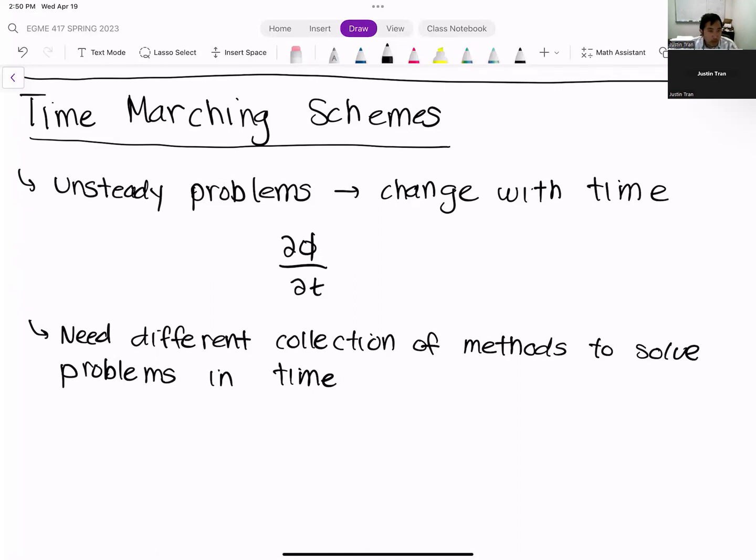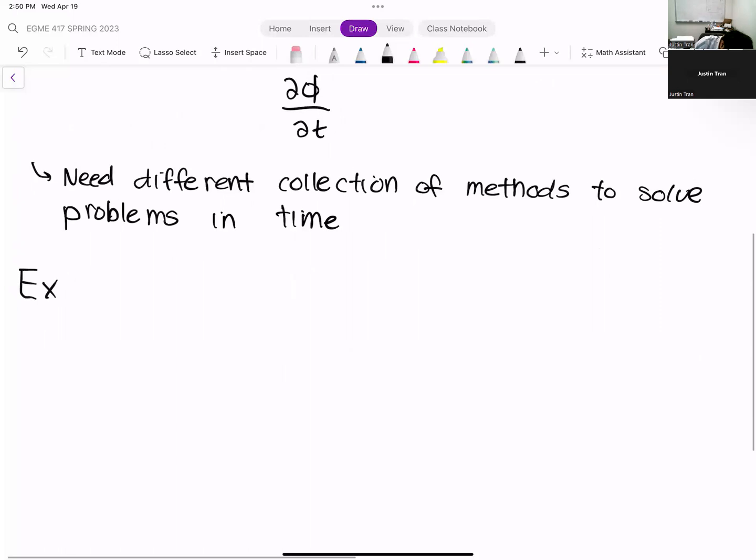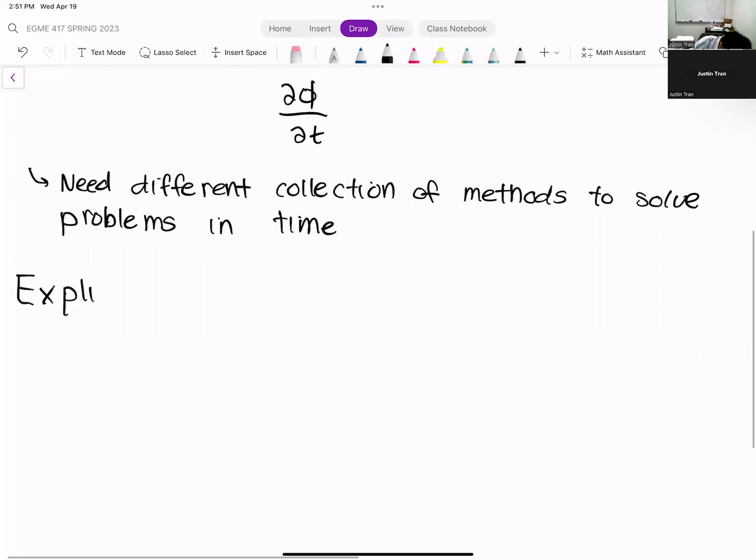So the first method that we went over was the explicit Euler method. We went over two main methods, explicit Euler being one and implicit Euler being the other, so we'll review both in this video.